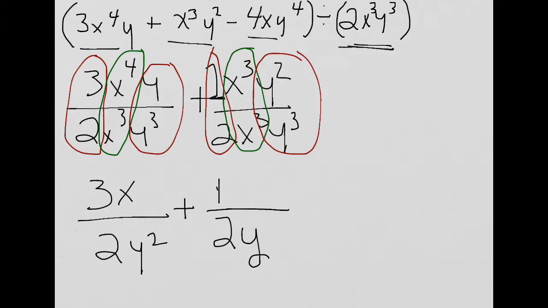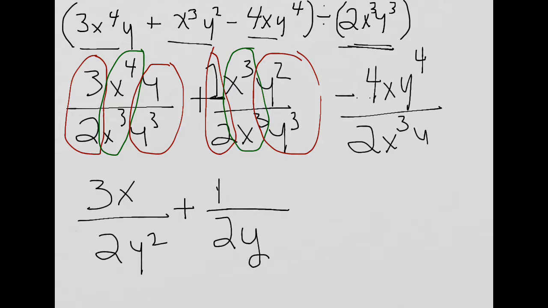And then for my last one, I have minus 4xy^4 on top, divided by 2x^3y^3.